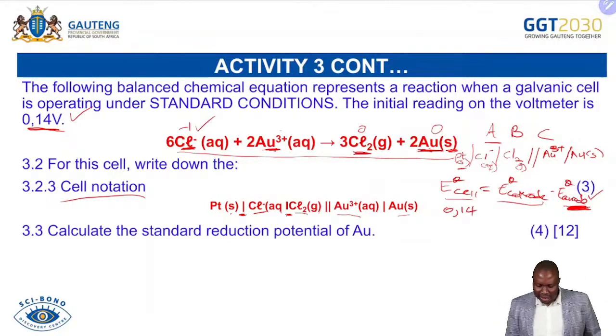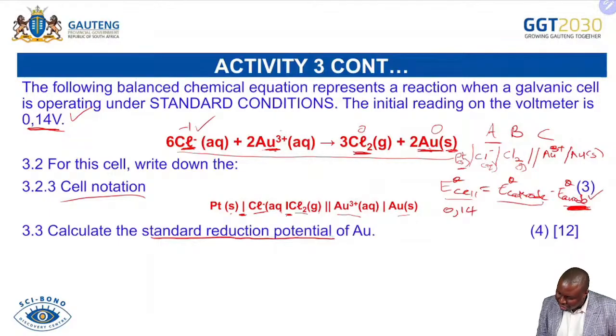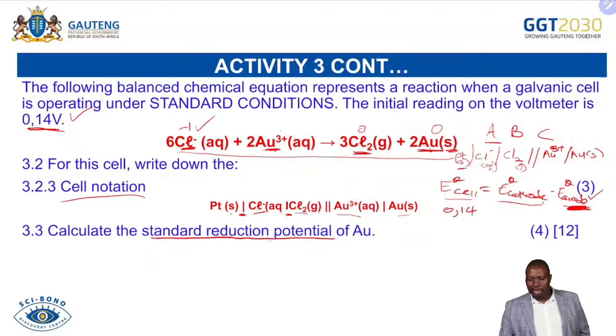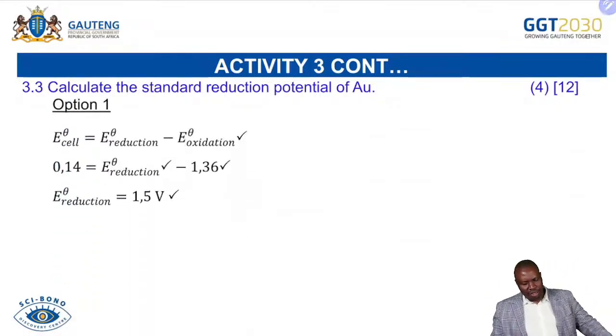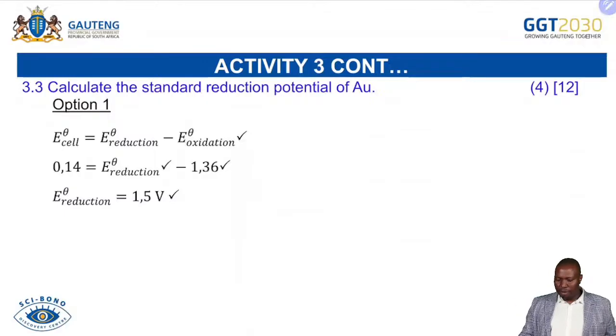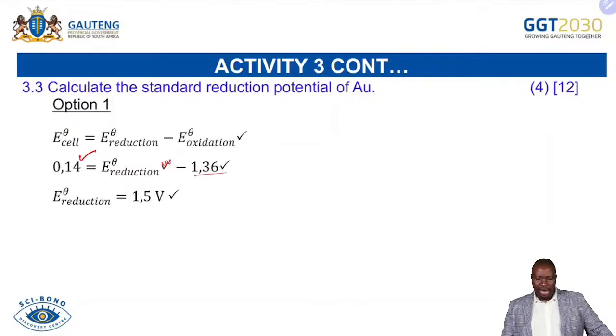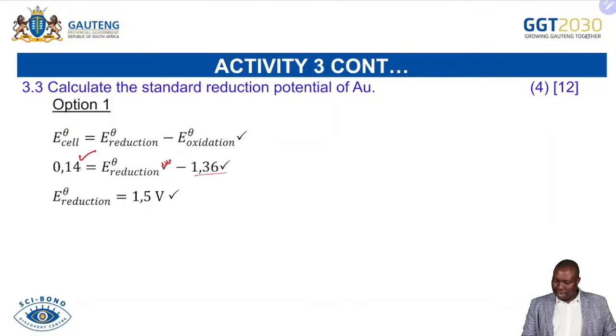To say, what is the standard reduction potential of gold? Definitely you are laughing, you are saying this is nothing, I'm collecting these marks. You are able to calculate the EMF of the cell by first writing the formula. Copy the formula as it appears in the data sheet, and after copying the formula you will get 1 mark. Then substitute, which gives you the mark for the 0.14 and the mark for the 1.36 for chlorine, correct substitution.